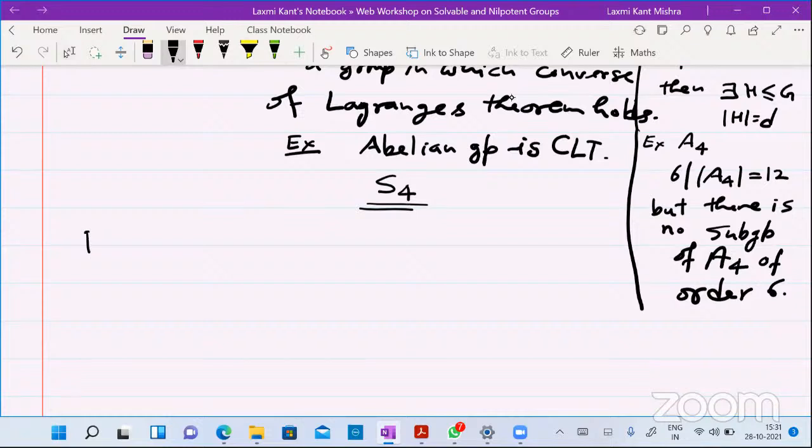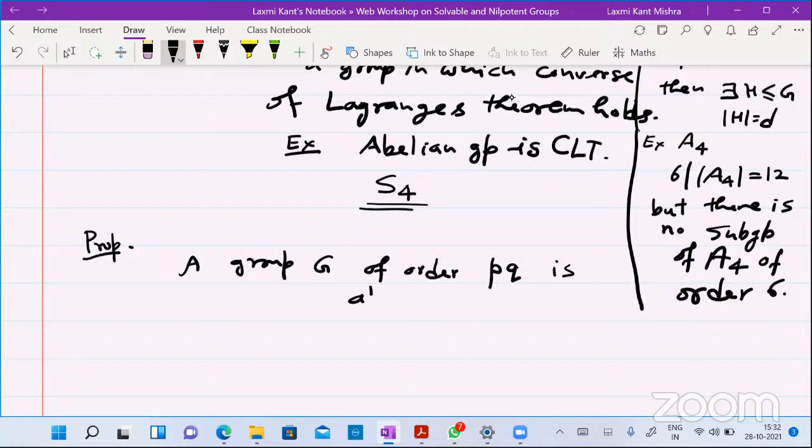The proposition is that a group G of order PQ, where P and Q are primes, is also solvable.